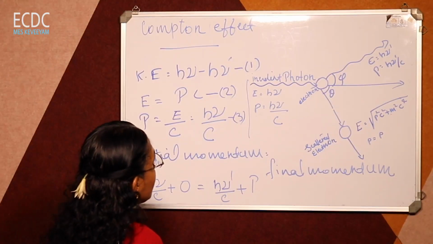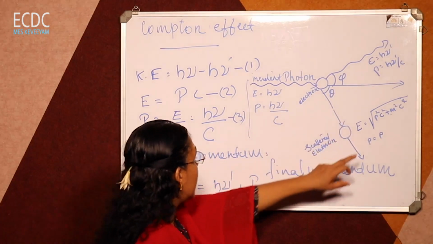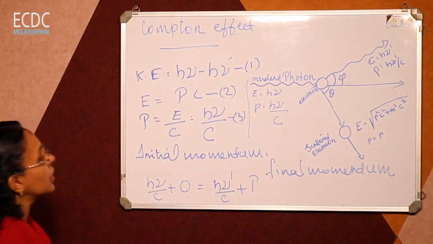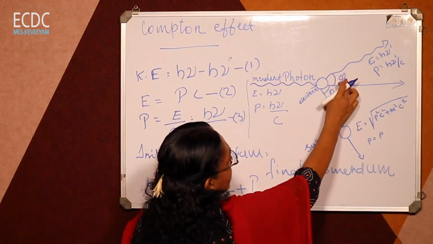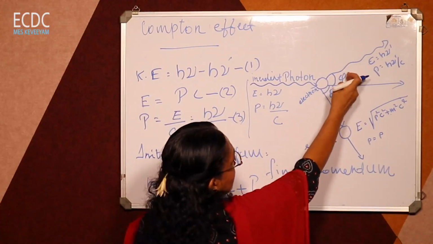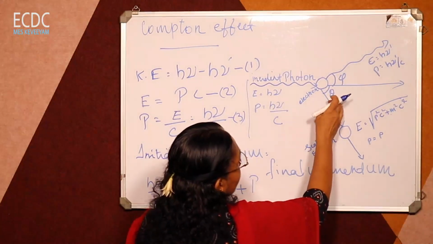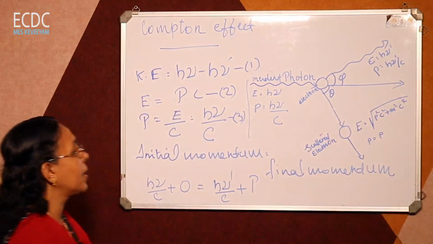But remember again, the electron and the photon are taking an angle, a particular angle. Say the photon is scattered through an angle phi and the electron is scattered through an angle theta.